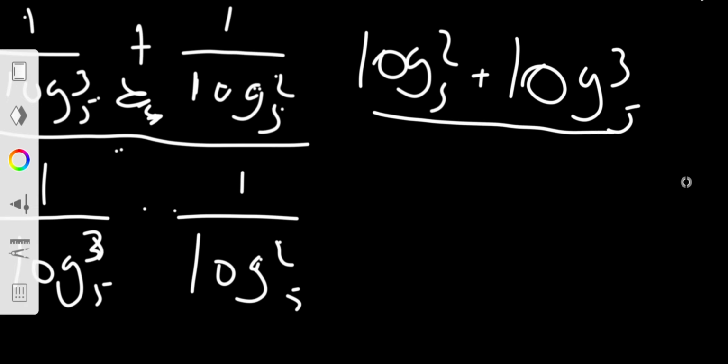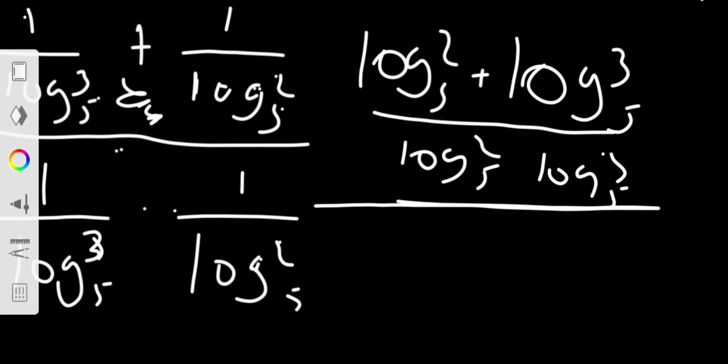So divided by log of the multiplication of both of them, log of 3 in the base of 5 divided all this. This is just the part upwards, okay? Just this part over here.